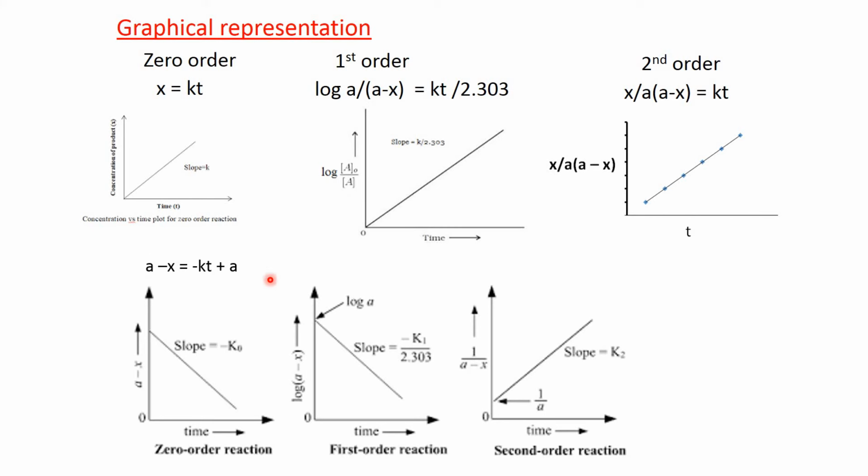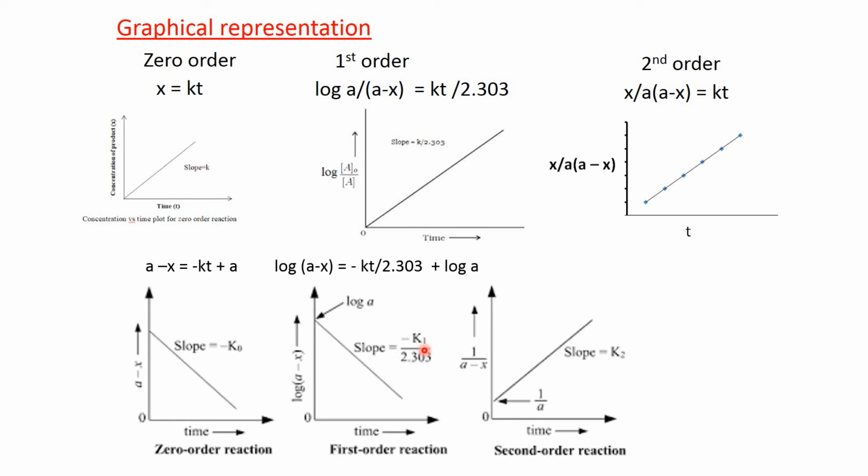Then if you plot A minus X versus T, it will be a straight line with an intercept on the y-axis, and the slope will be minus K, because the slope is negative. So the line is coming down instead of going up.